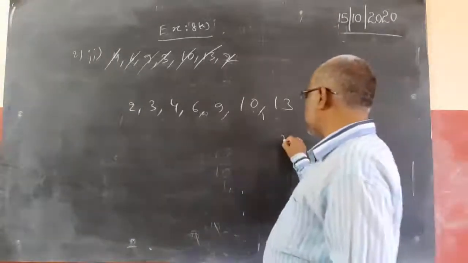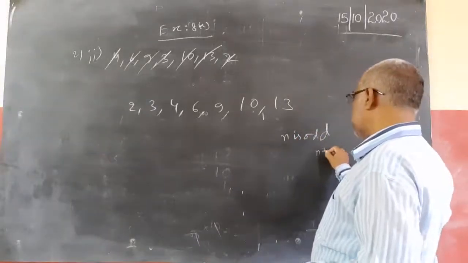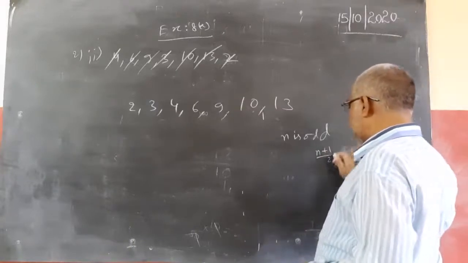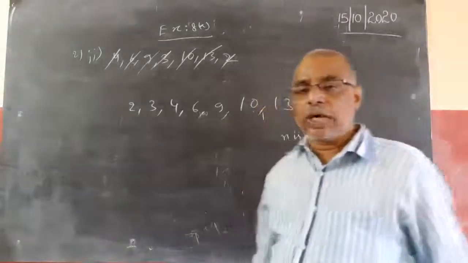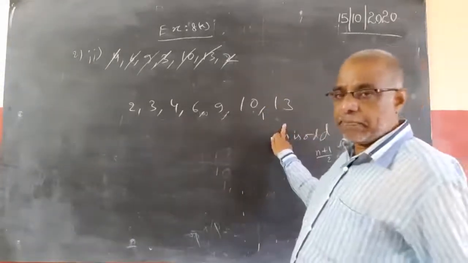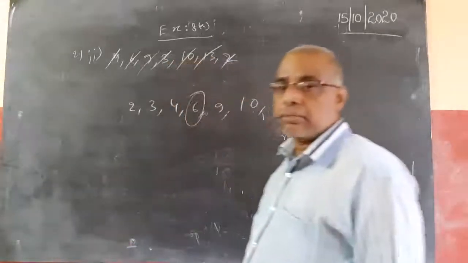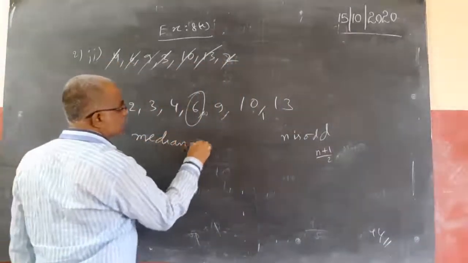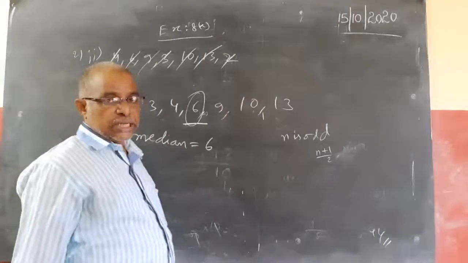If n is odd, the middle term is the (n plus 1) by 2 term. Here it is 7 plus 1 by 2, which is 8 by 2, so the fourth term is the middle term. So the median here is 6.